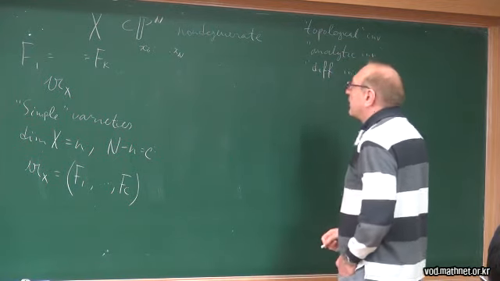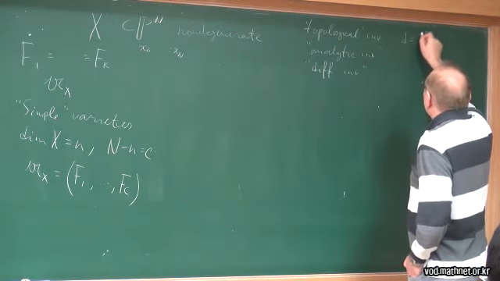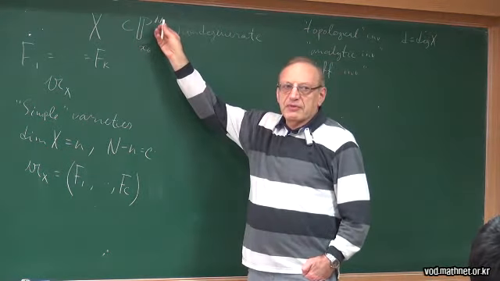For example, the degree of X is a topological invariant, because it depends only on the topology of the ambient space.